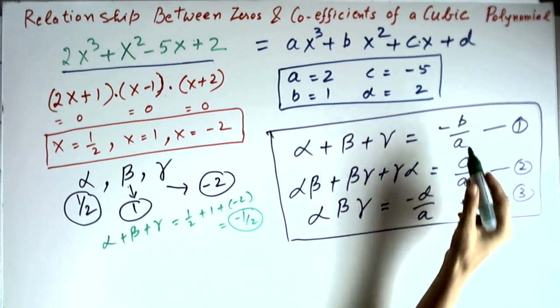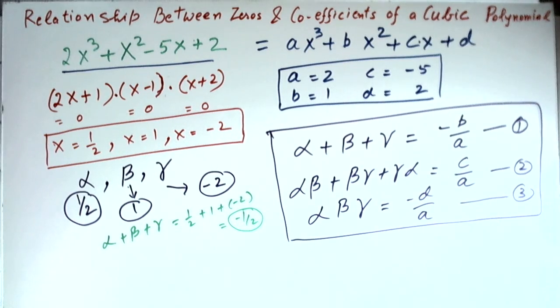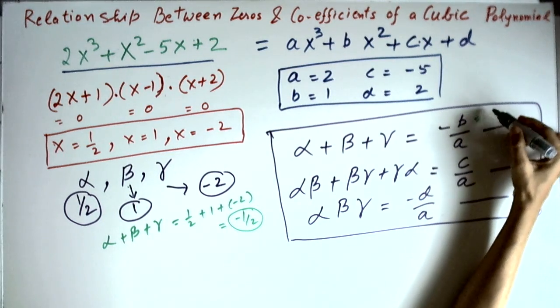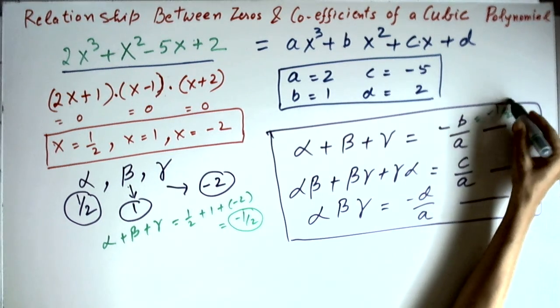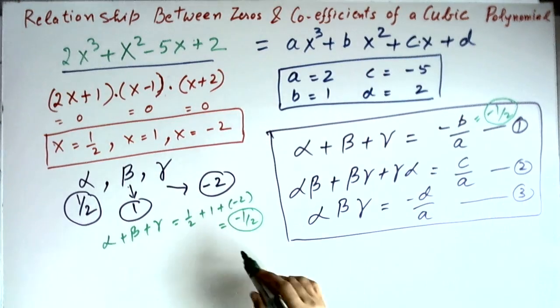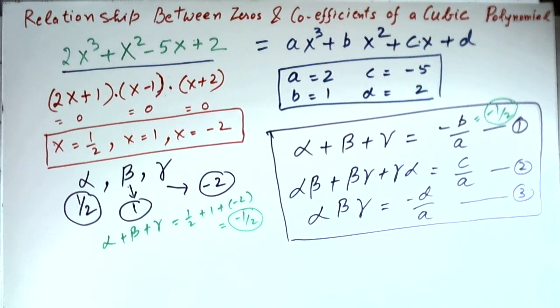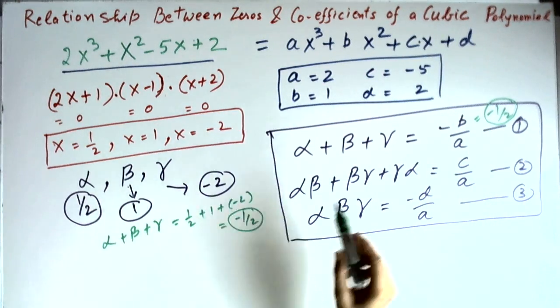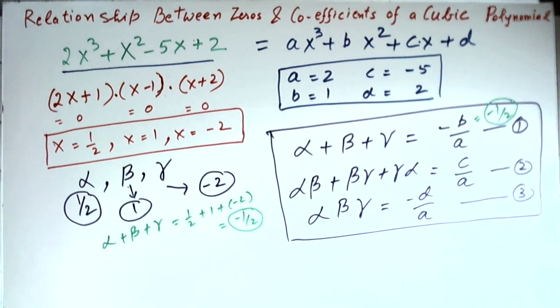And when we look at minus b over a, b is equal to 1 and a is 2, so this is also equal to minus half. So the first relationship is verified, that alpha plus beta plus gamma is equal to minus b over a.